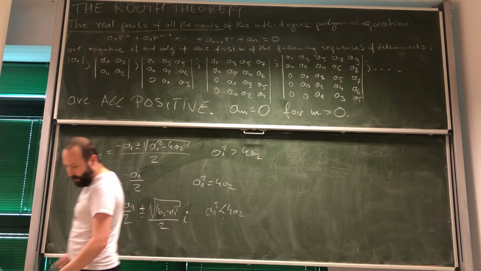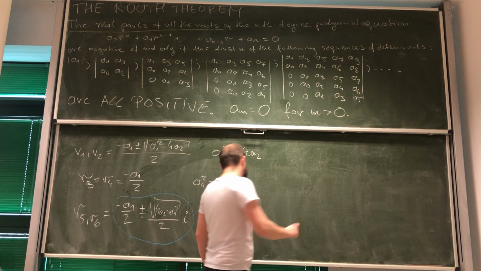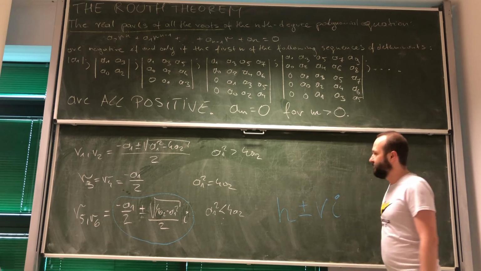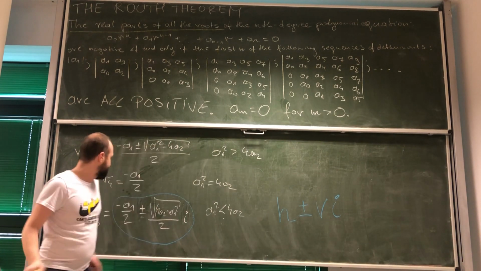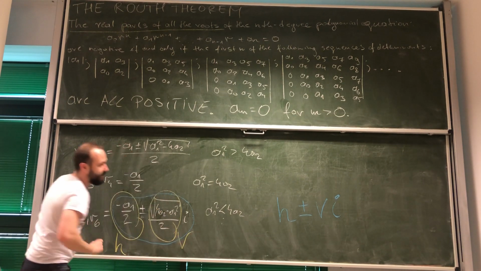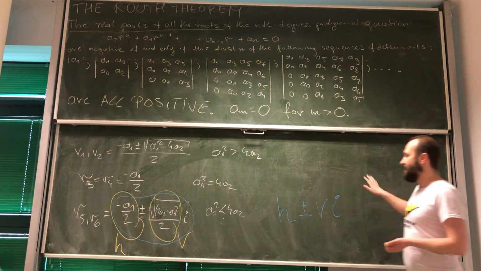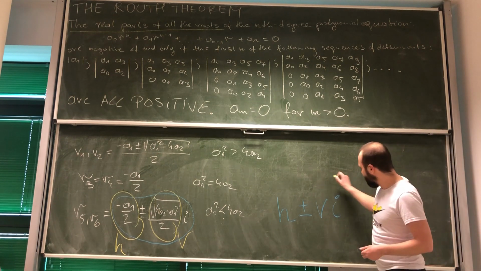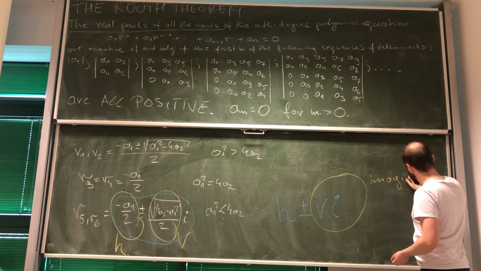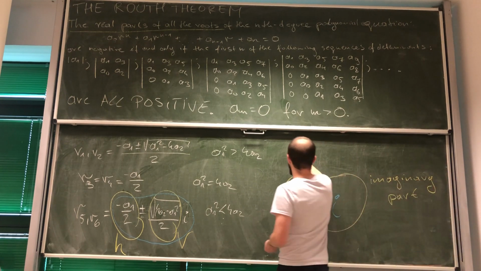And look, we were always saying that this complex root can be written as h plus minus vi, right? That is our h, and that is our v. Now, this is a complex number, and we were saying that this part of a complex number is an imaginary part, while this is the real part.